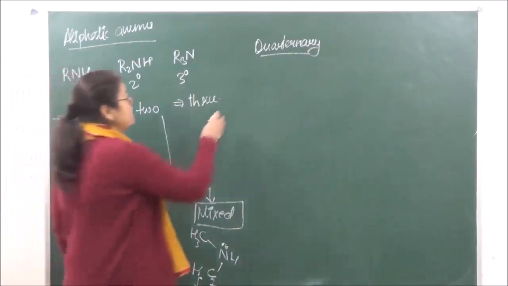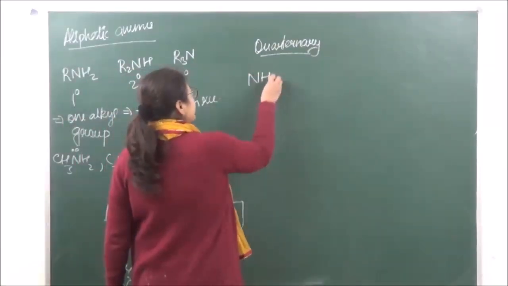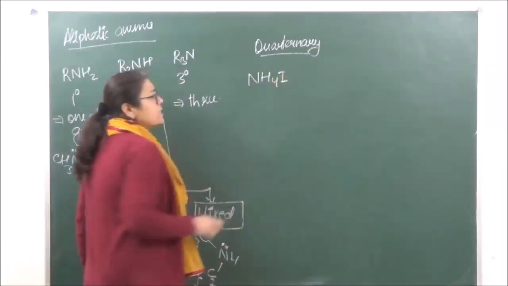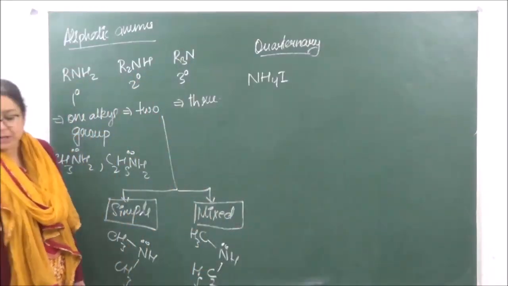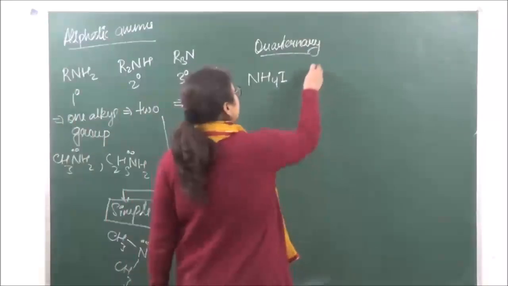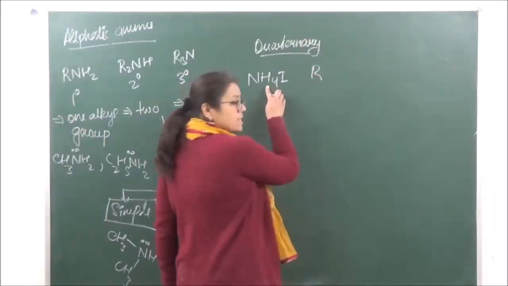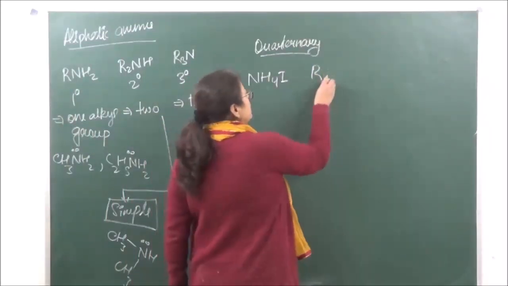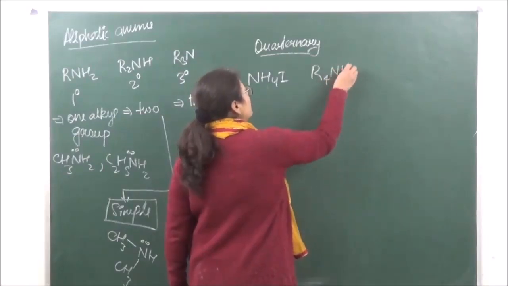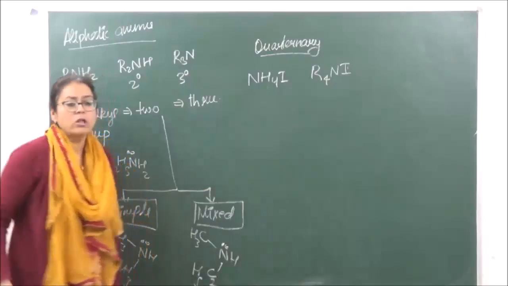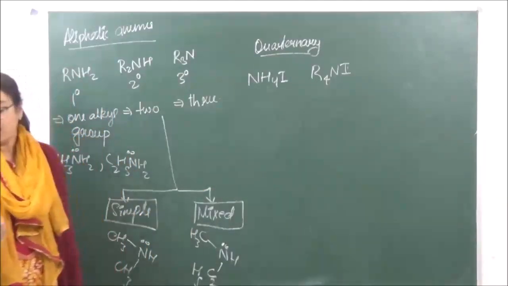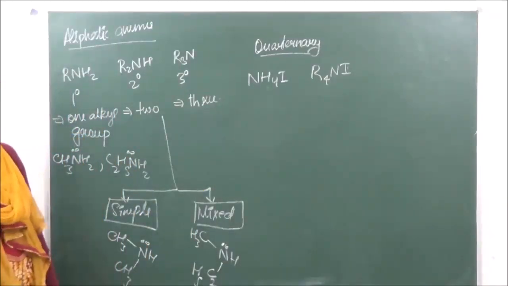Just for example, we can take NH4I. This is ammonium iodide. The same kind of quaternary ammonium iodide can be obtained by replacing all four hydrogens over here. So we have R4NI. You can see that all four hydrogens are replaced by the alkyl. This is known as quaternary ammonium iodide.